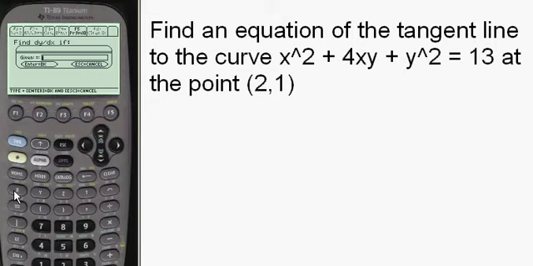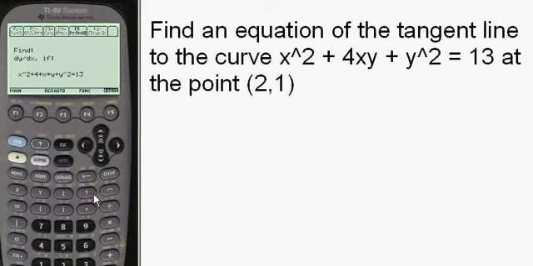Alpha x squared plus 4 times x times y plus y squared equals 13. x squared plus 4xy plus y squared equals 13. So it's good. I'm going to say it's okay.